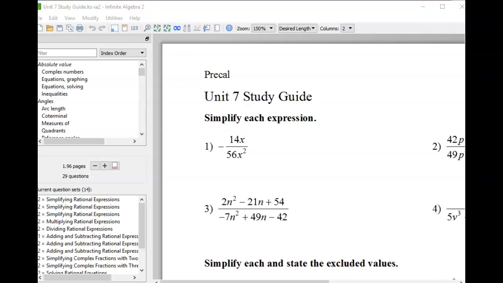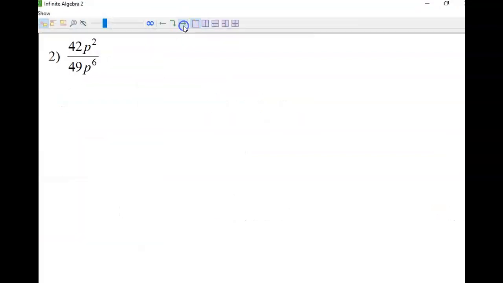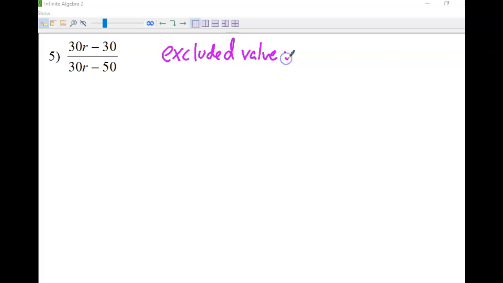We talked about that, but I didn't quite use that language in class, so I'll explain what that means now. An excluded value is what I called an extraneous solution. In other words, it's what the denominator cannot equal.